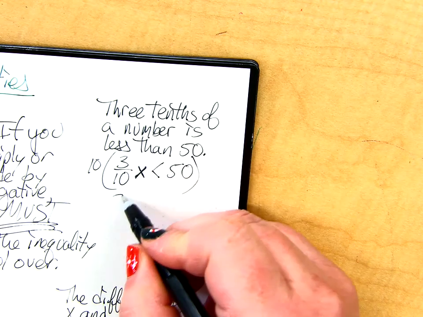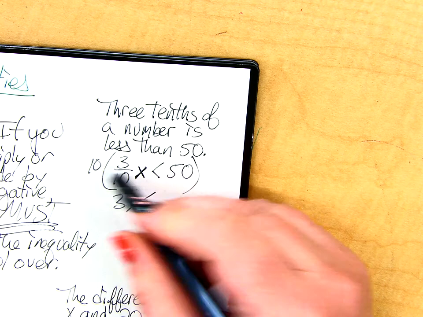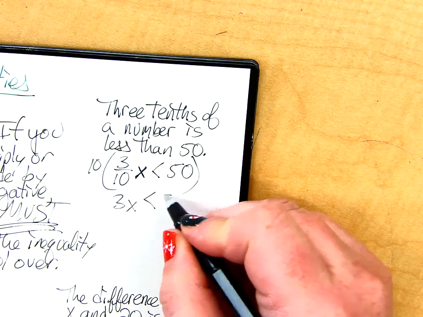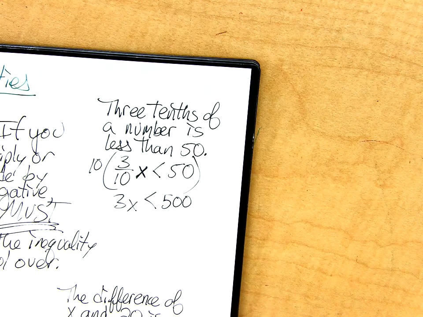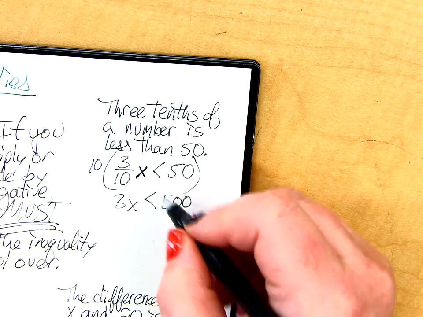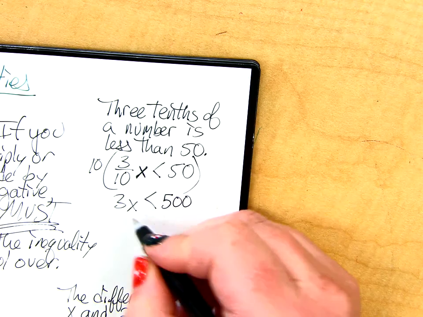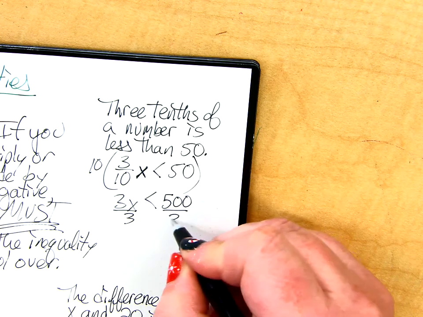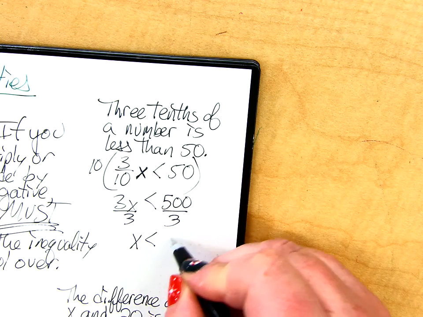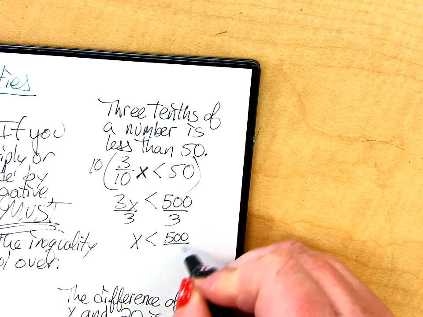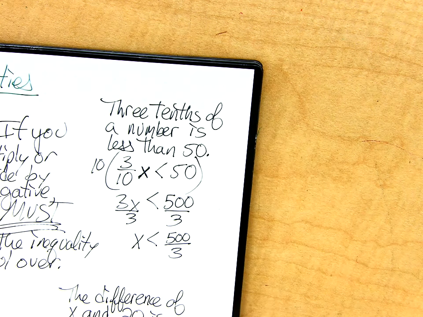So that would get me 3x is less than 10 times 50, which gets me 500, right? And then all I have to do is divide by that 3, right? So x would be less than 500 over 3. Not bad.